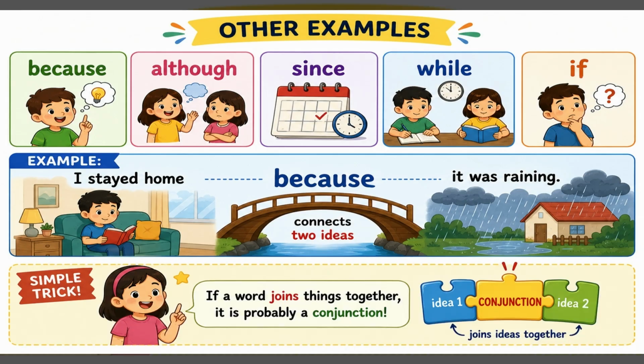Whenever you see a word that joins words, phrases, or ideas together, check whether it is a conjunction. Think of it this way: conjunctions are the bridges of a sentence. They help different parts of a sentence come together and make our ideas clearer and more connected.